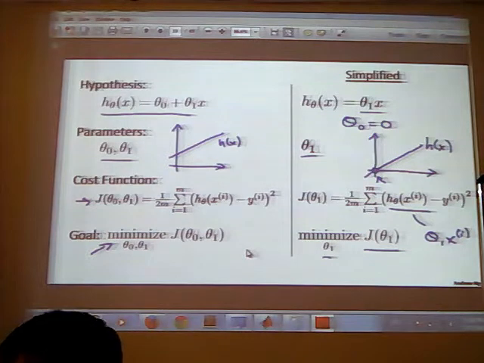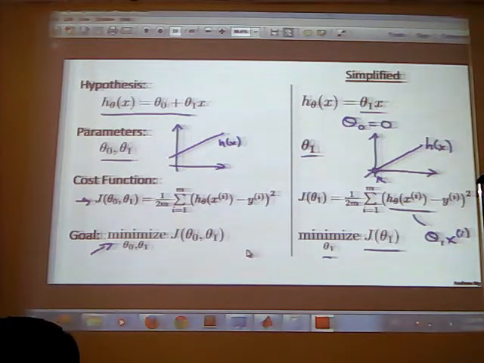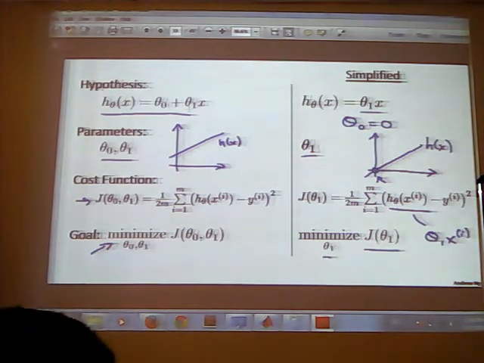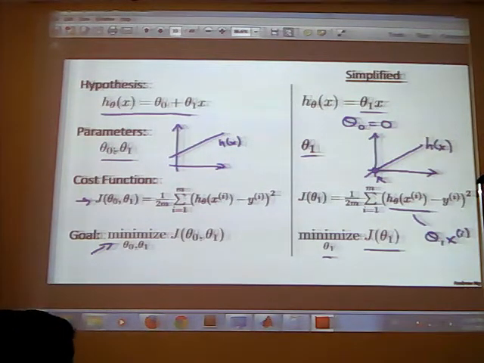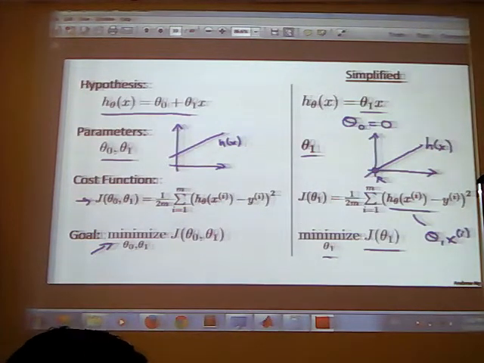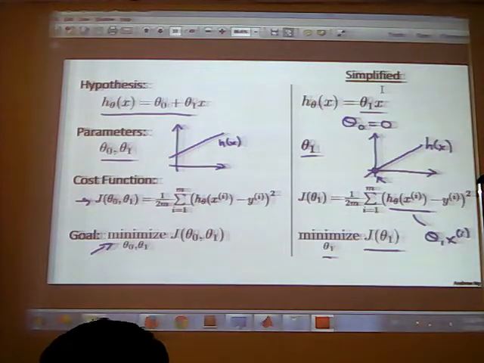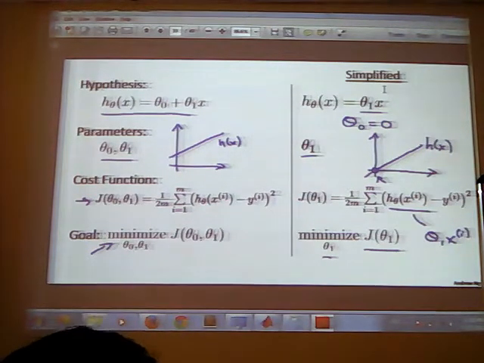We had two parameters, theta 0 and theta 1. Theta 0 means the intercept on the y-axis. If we use a simplified hypothesis, we take only one parameter, theta 1 x. Theta 0 can be considered as 0, so the line is going to start from the origin.